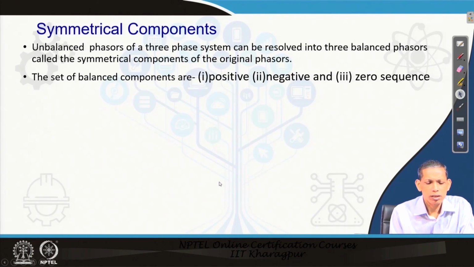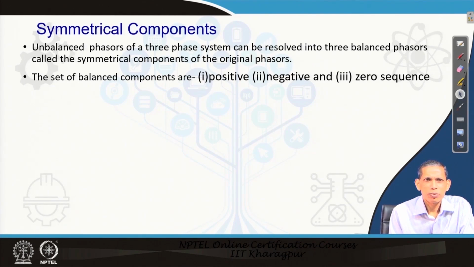Now, let us come to the different symmetrical components. Any unbalanced set of phasors in a three phase system can be resolved into three balanced phasors that we call symmetrical components.